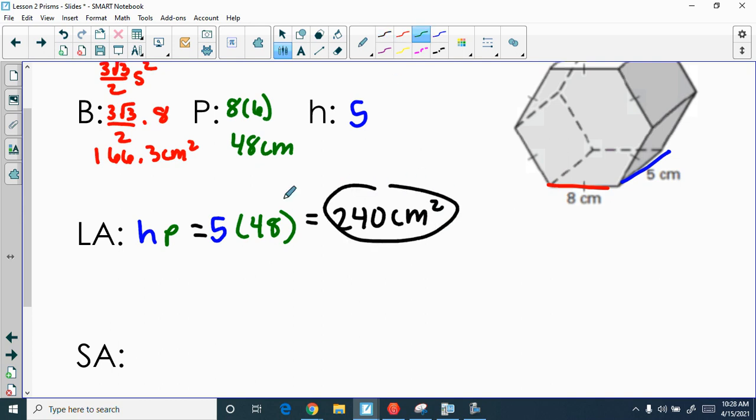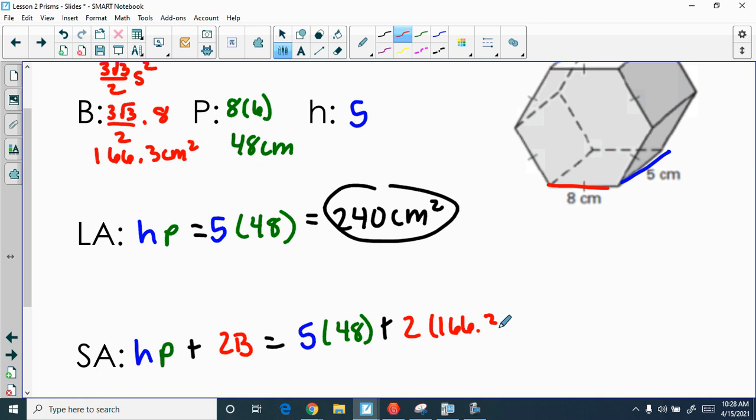For our surface area, we're going to have height times perimeter, plus 2 times big B, is equal to 5 times 48 plus 2 times 166.3, which gives us a value of 572.6 centimeters squared.